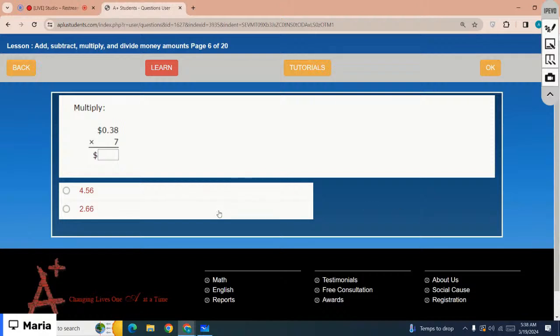That is $2.66. Option number two is the correct option. Very good.